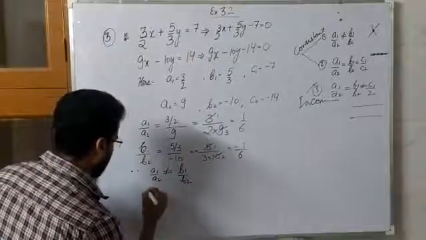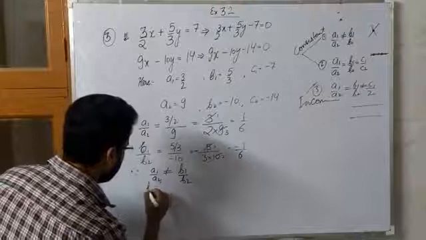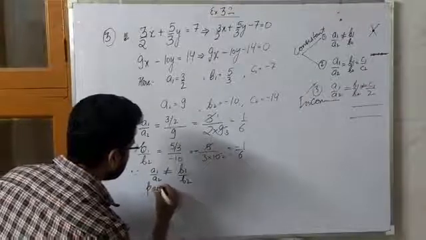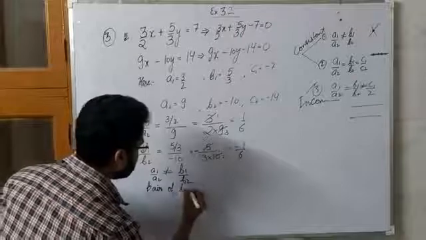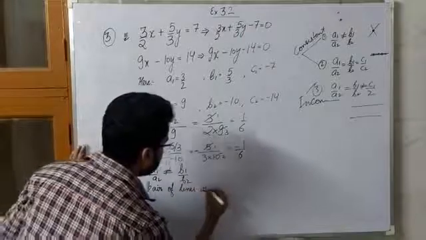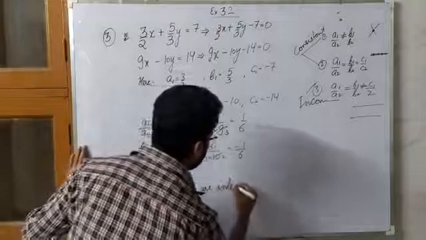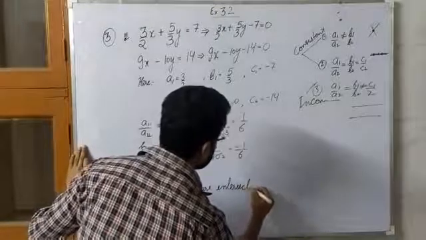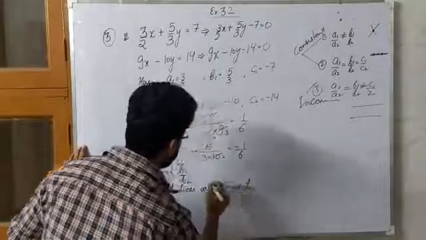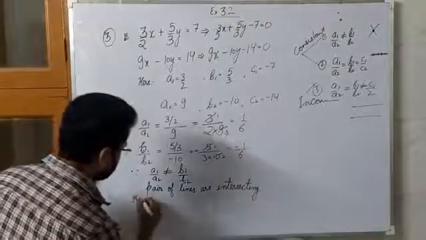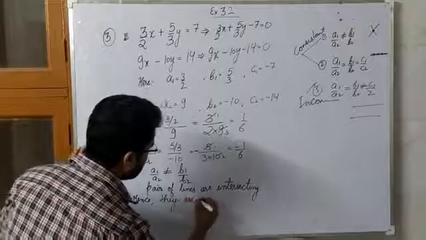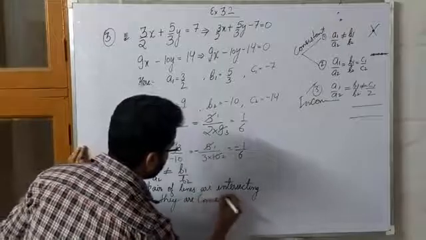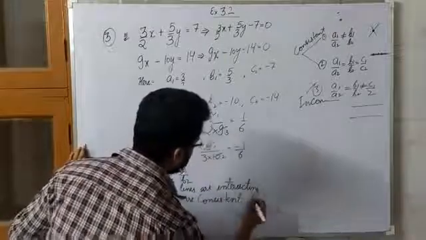Therefore the pair of lines are intersecting, and hence they are consistent, right?